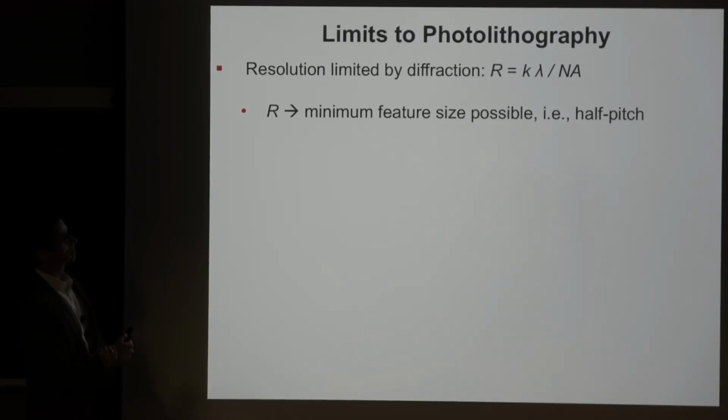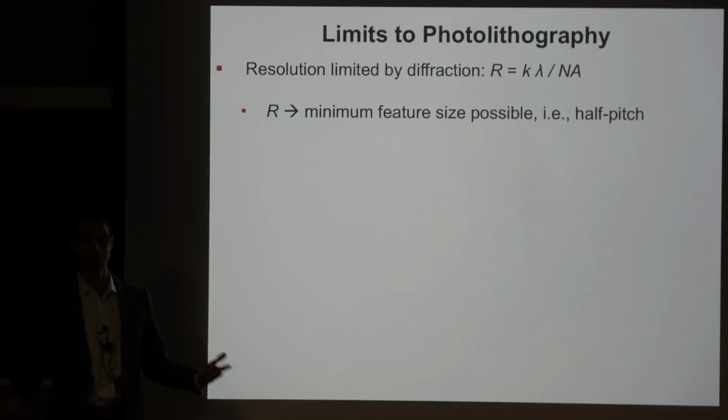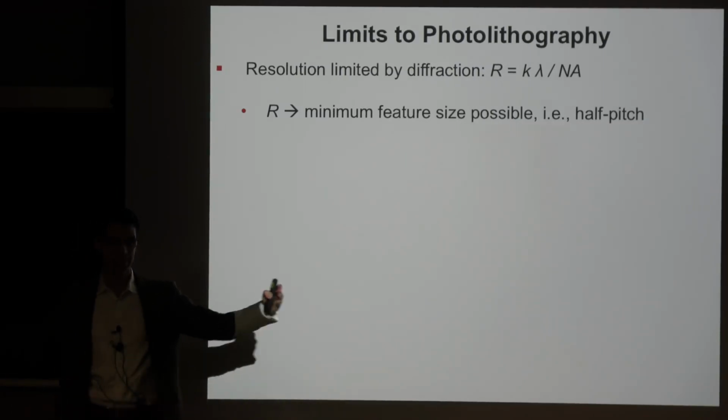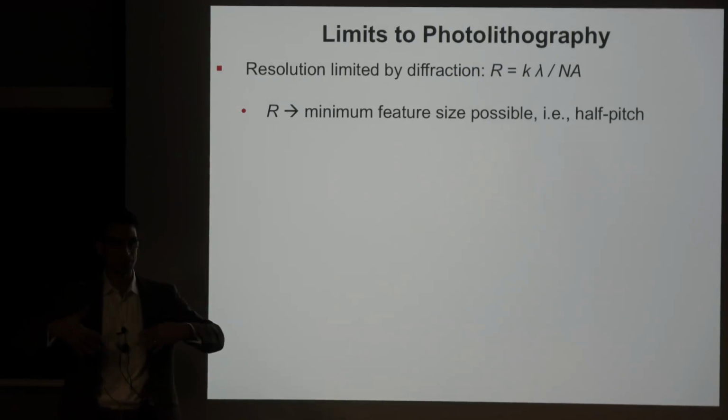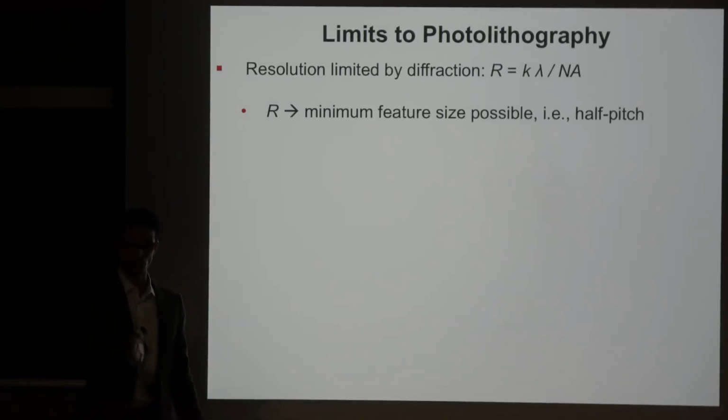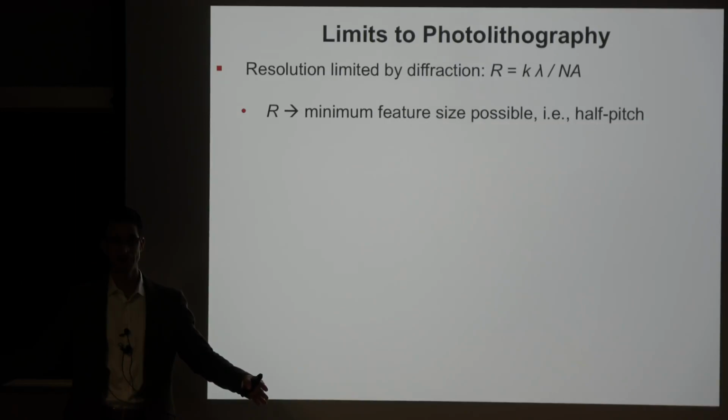The resolution is typically expressed as the minimum feature size that is possible, so the half pitch. The pitch in a processor, if you approximate a memory device as a bunch of word lines and a bunch of bit lines, is the center-to-center distance between features on a chip. The half pitch, therefore, is roughly the size of the feature itself.